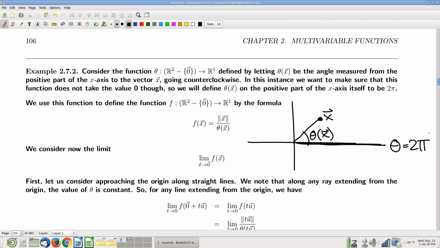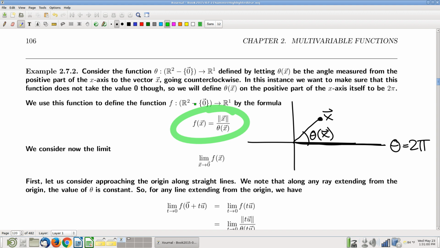Now I'm going to define a function f by this formula. This is defined everywhere in R2 except for the origin. Very simple formula. It's just the magnitude of x divided by the angle, this theta function of x.